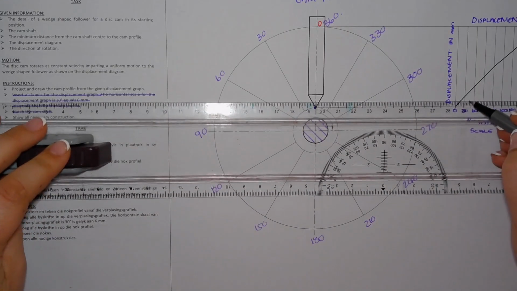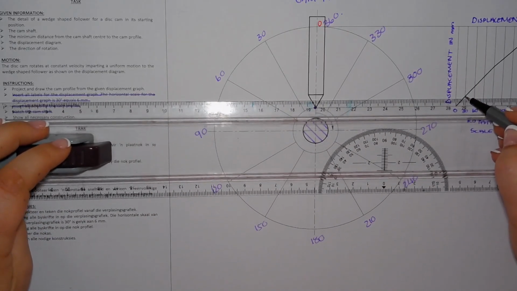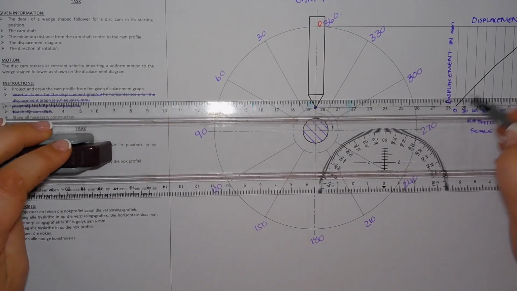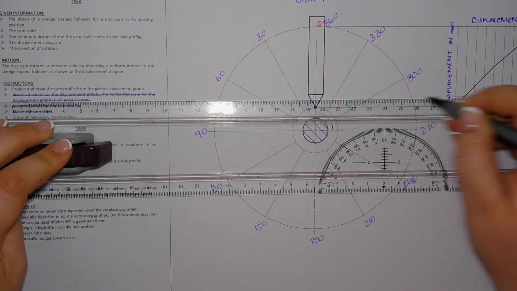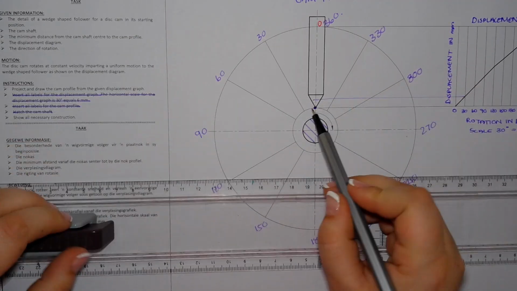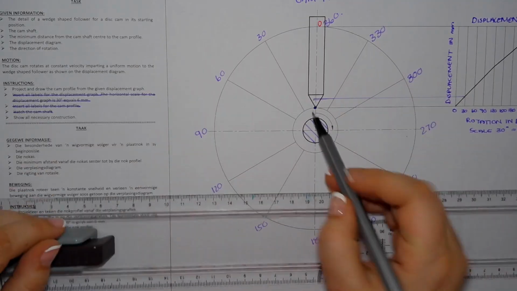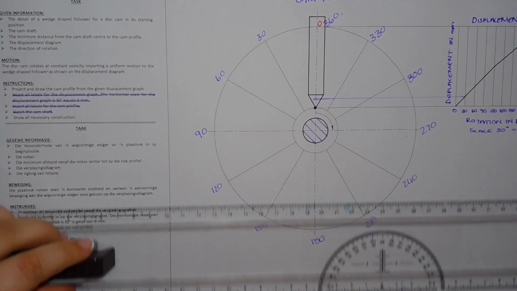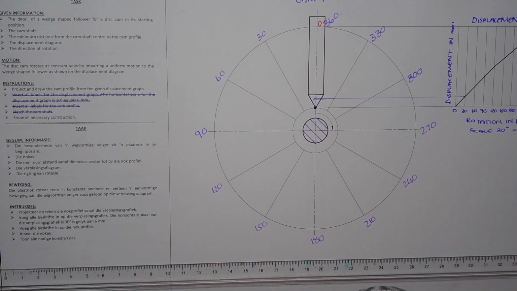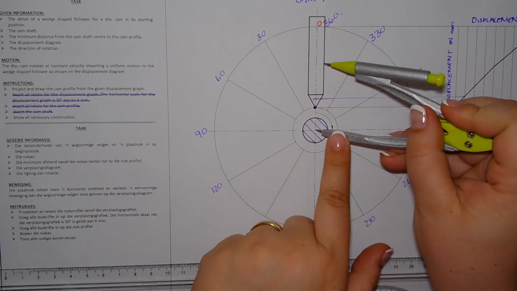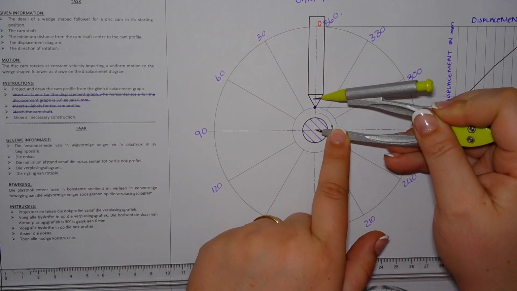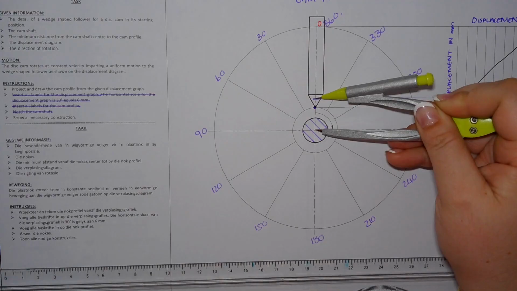For 30 degrees, I take my ruler and line it up with where the line and the graph cross, and I project that to the center of the follower. That's the height that 30 needs to reach when it gets to that degree. So I put my sharp point in the middle and open up to that 30 mark.